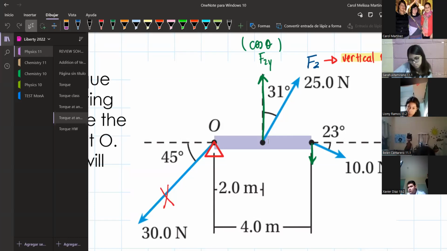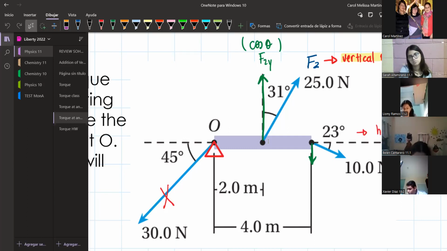What component is not doing rotation? What of the two components is not doing rotation? X. So X, not gonna use it. Okay. Now, what type of angle is this? Horizontal.